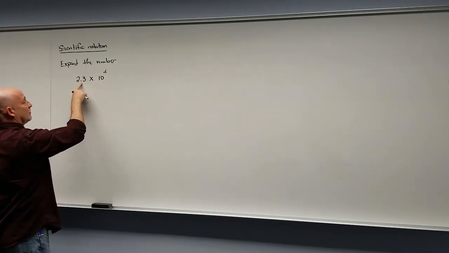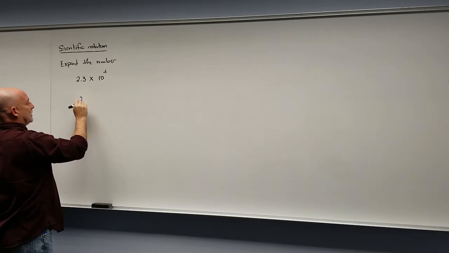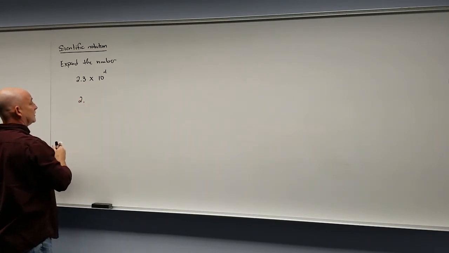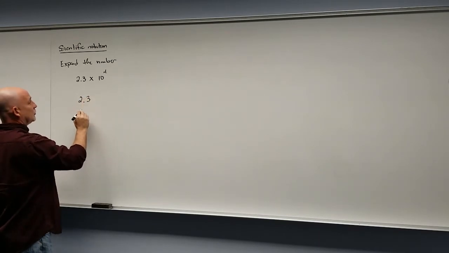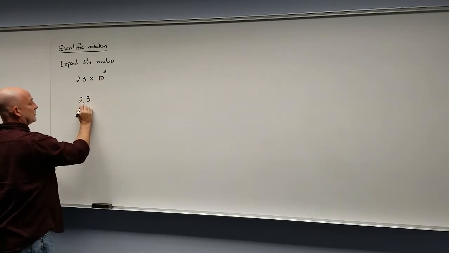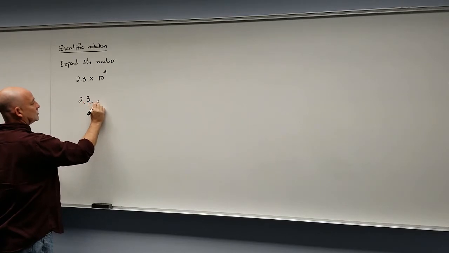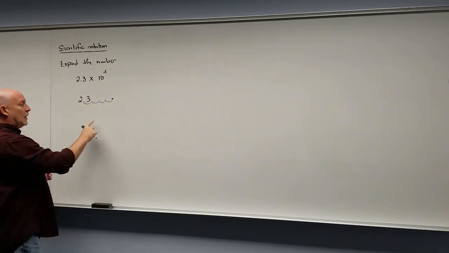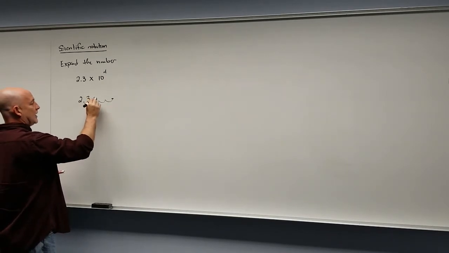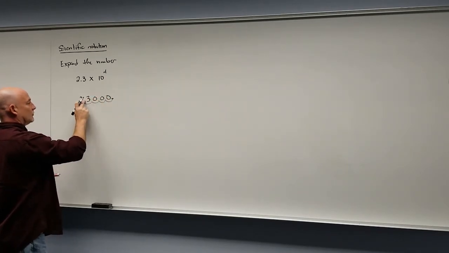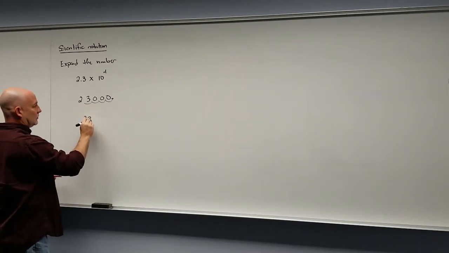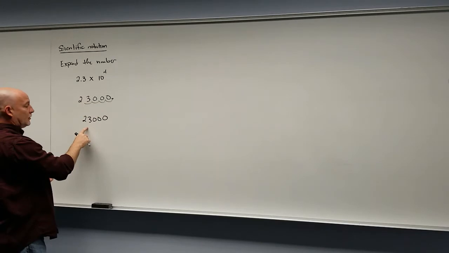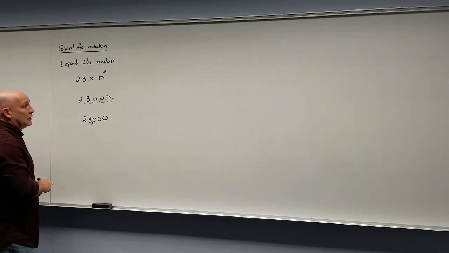So I'm going to start with this decimal that was right here, and I'll put it in red real quick, but I'm going to erase it in a second. We need to move that decimal 4 places to the right. So there's 1 place, 2, 3, 4. That's where the decimal place needs to end up. Now all these spots that I counted over need zeros. So 2.3 times 10 to the 4th is really 23,000.